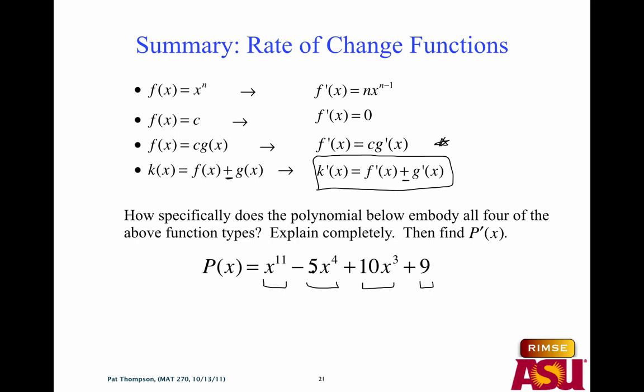I'm going to take the derivative of the individual pieces. The derivative, or the rate of change of p with respect to x, is going to be the rate of change of x to the 11th with respect to x, plus the rate of change of negative 5x to the 4th with respect to x, plus the rate of change of 10x cubed with respect to x, plus the rate of change of 9 with respect to x.